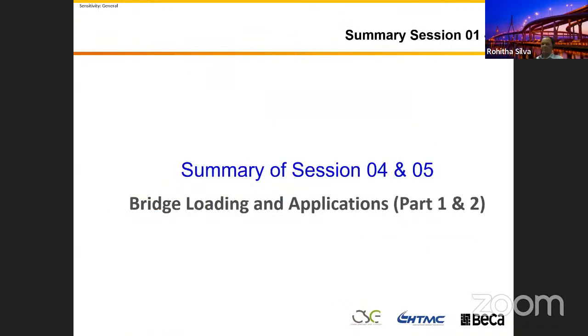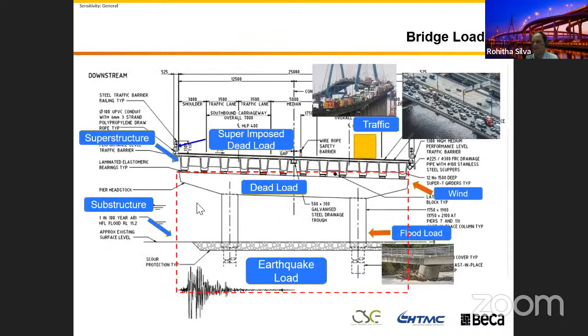Then sessions 4 and 5, what I did, I'll summarize. We went into detail about the loading. We spent close to 8 hours in there talking about loading. Then we knew what loads the bridges are subjected to. The main, the primary load we design the bridges for is the traffic load.